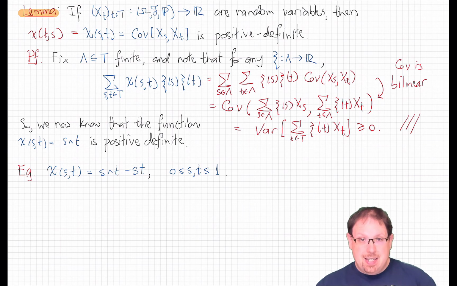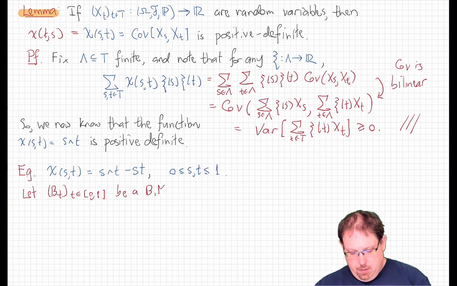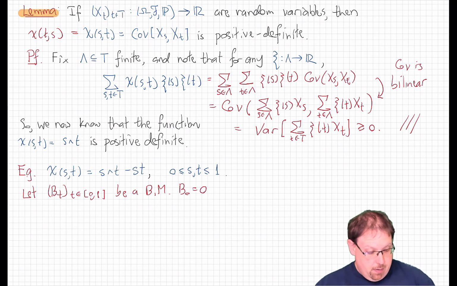Or we could exhibit a stochastic process that has this as its covariance function. And here is one way to do that. Let bt, for t just in the unit interval, be a Brownian motion in the usual way conditioned to be 0 at 0.